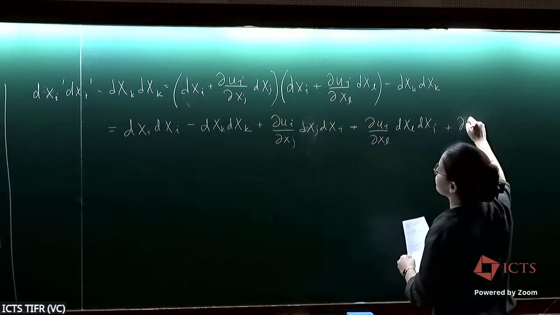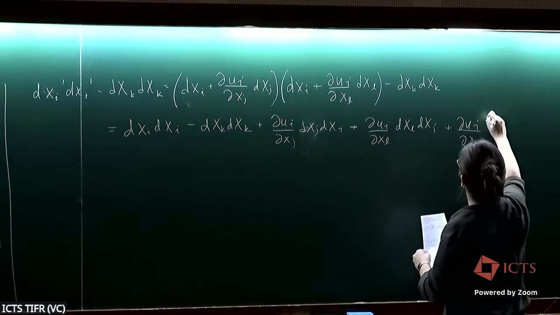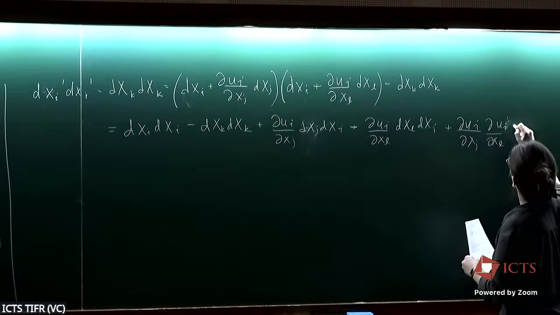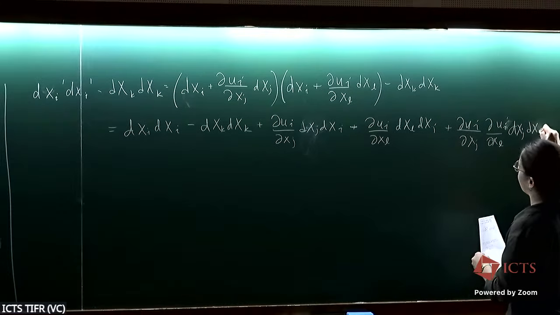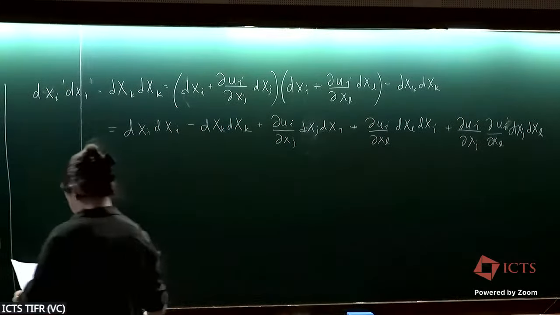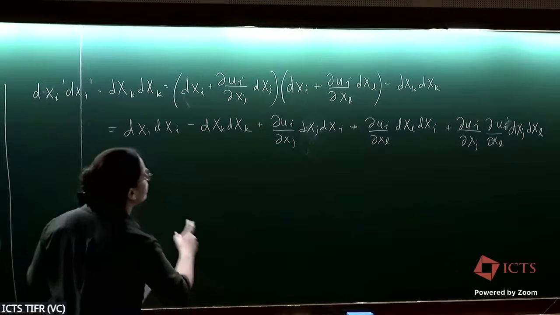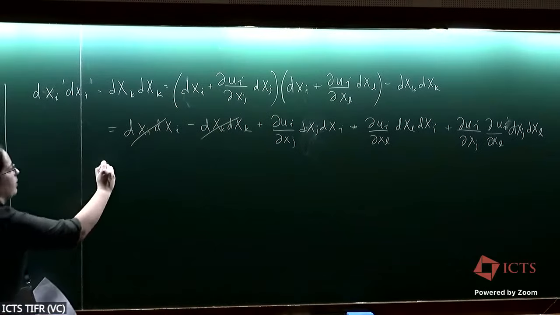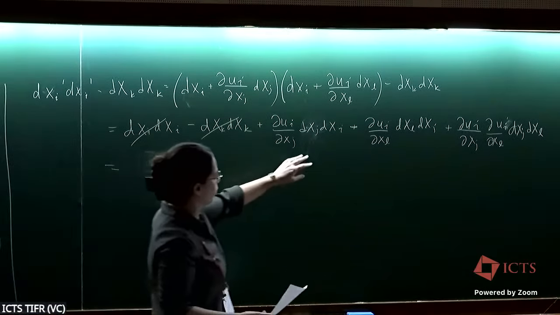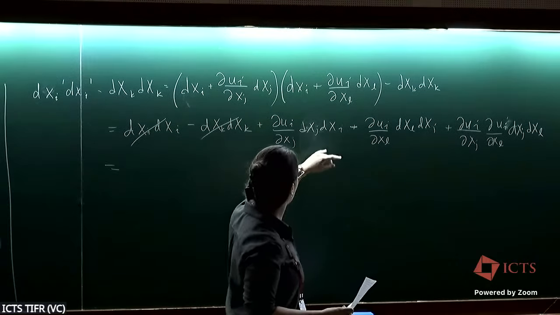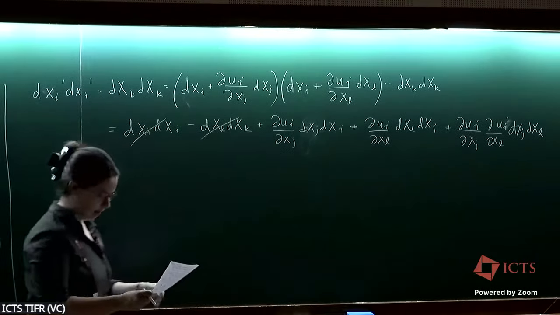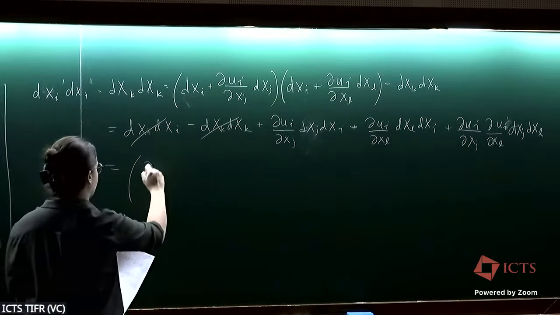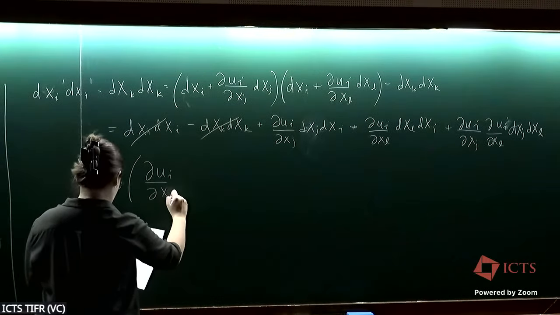And now here's our cross term, partial u_i partial x_j dx_j times partial u_i partial x_l dx_l. Hopefully I've done all those right. These terms cancel. And because the summation is over all the indices I've written, over i, j, and l, and because this quantity is nice and symmetric, we can rewrite it in a more concise form that I believe will start to look quite familiar.